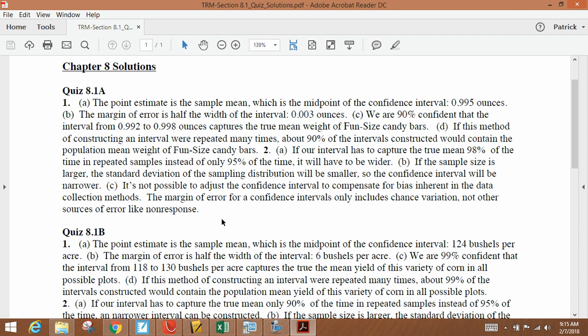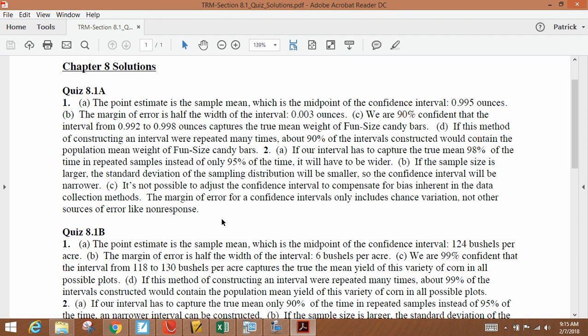So the answer is no, because the margin of error only accounts for variation in the sample, not for variation because of bias inherent in the data collection methods.